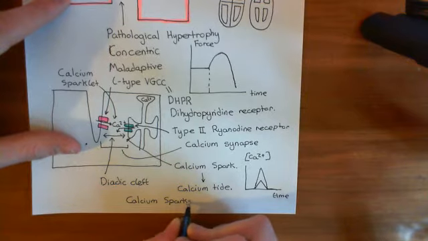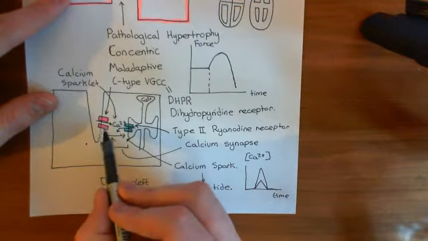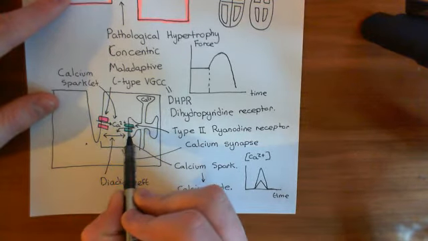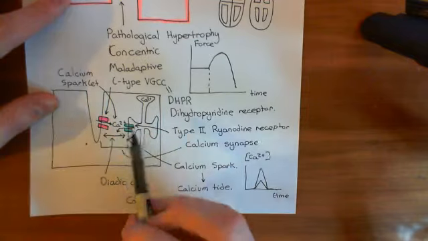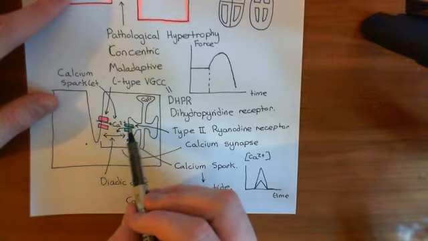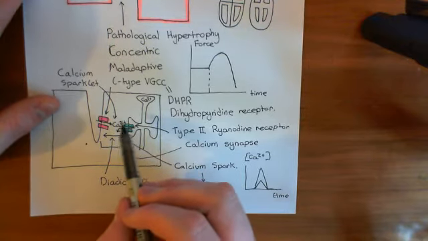If the action potential hasn't arrived, then you haven't stimulated the L-type voltage-gated calcium channels. So you haven't had the calcium sparklet to stimulate the type 2 ryanodine receptors. They should not be opening, but they open when they shouldn't.